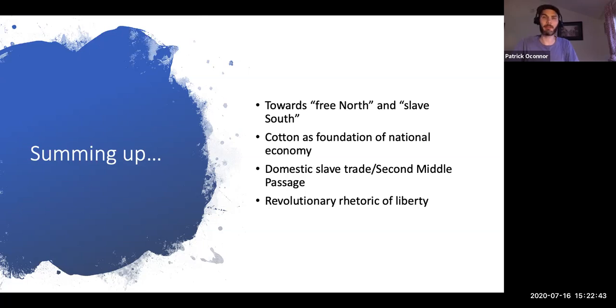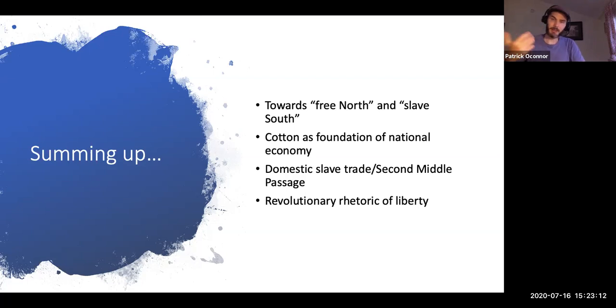And it's the journey from the upper South to the lower South. That is, enslavers in places like Virginia and Maryland who are moving away from slavery, they begin selling enslaved people to cotton planters further south through the slave markets of cities like New Orleans or Charleston, things like that. And you're going to see this in 12 Years a Slave too. We have good examples of this Second Middle Passage.